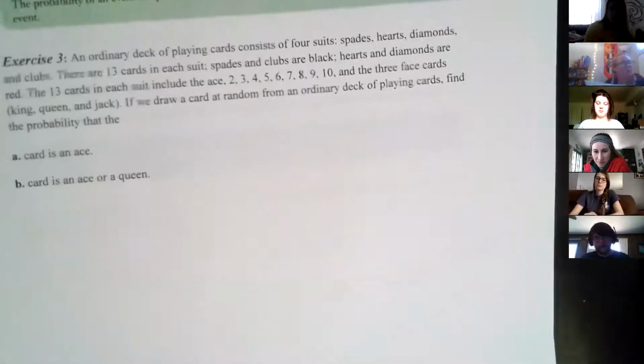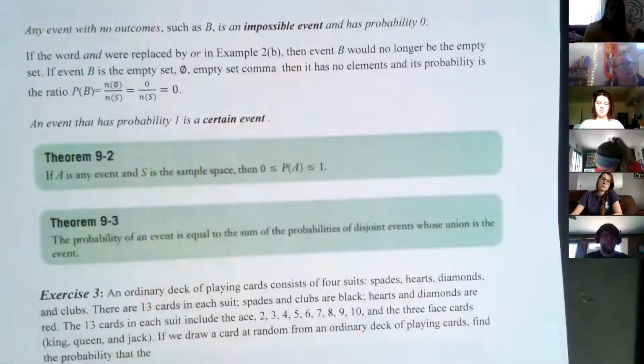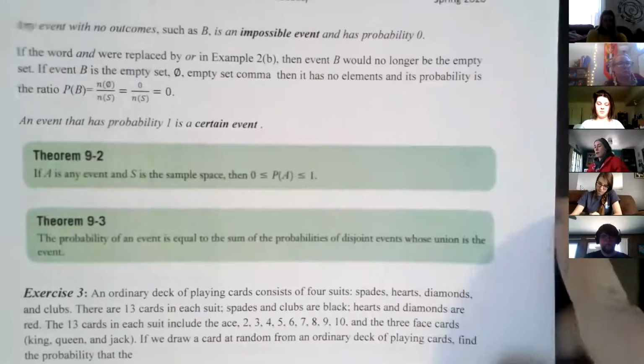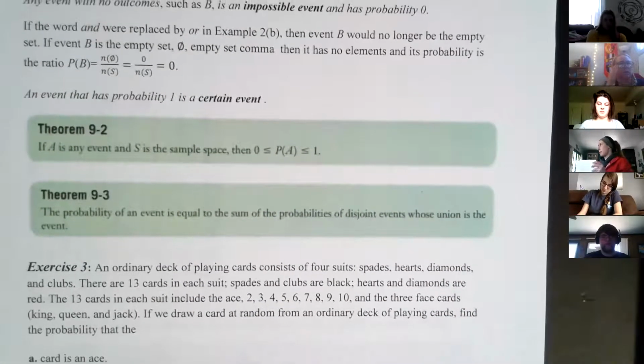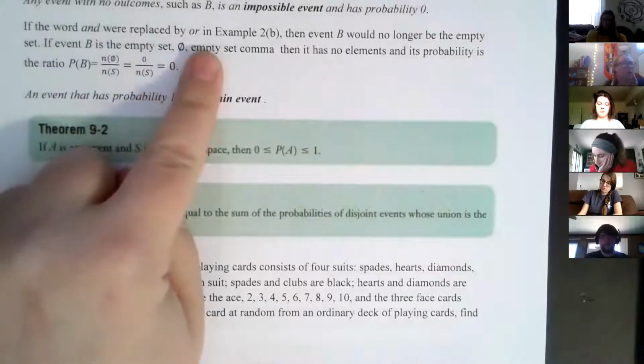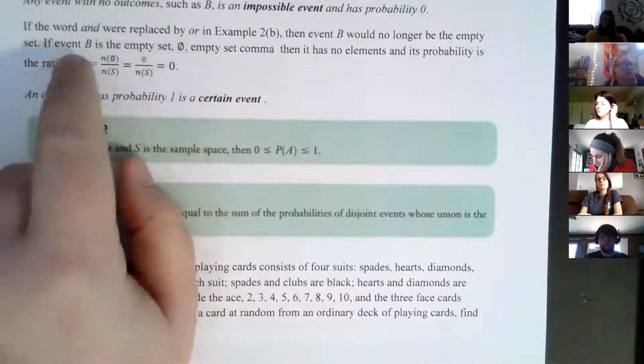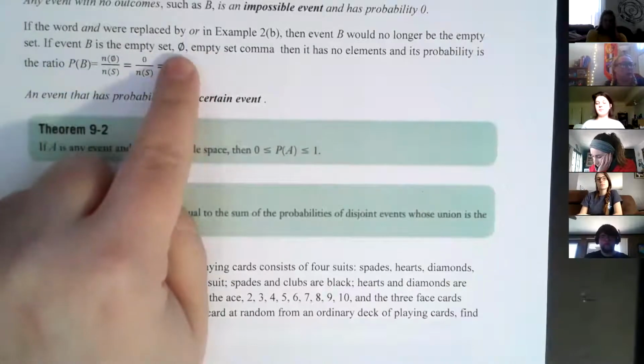All right, so any event that has no outcomes is considered impossible and always has probability 0. And if the word and was replaced by or, then we would say B is no longer the empty set.